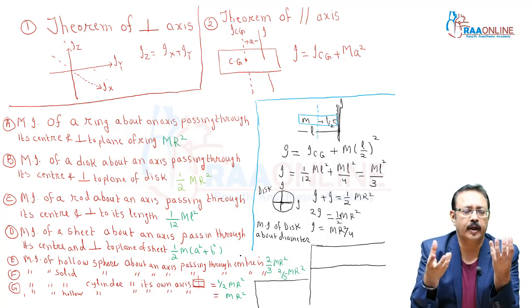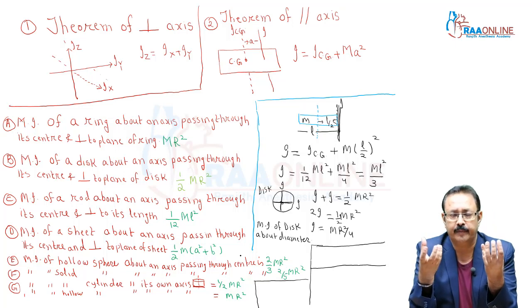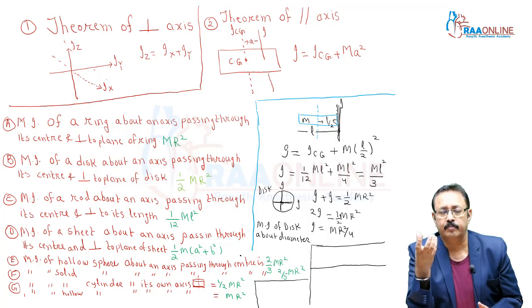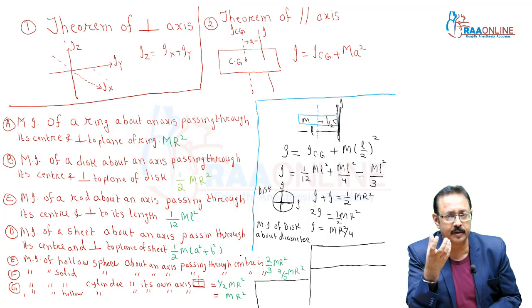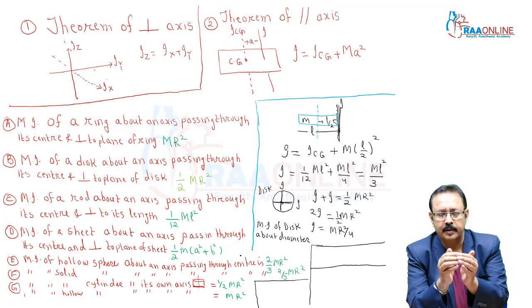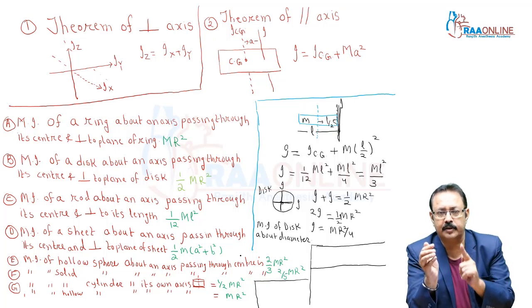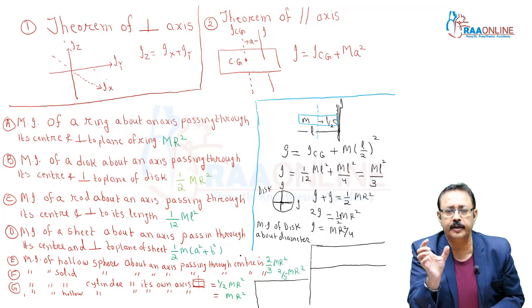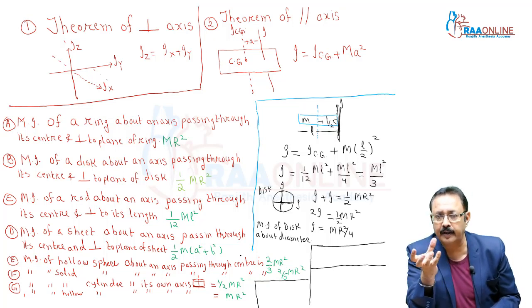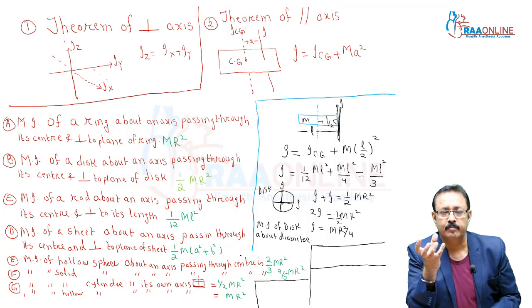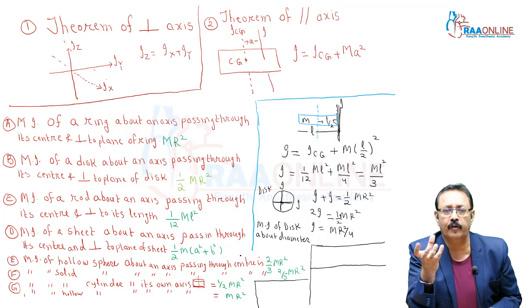If we are talking about a solid sphere and a hollow sphere, with m and r the same, then the moment of inertia of the hollow sphere should be greater than that of the solid sphere, because in a hollow sphere the whole mass is at a large distance from the axis of rotation, and moment of inertia is all the game of distribution of mass. Similarly, for a ring and a disk of the same dimension, the moment of inertia of the ring should be greater than the moment of inertia of the disk.